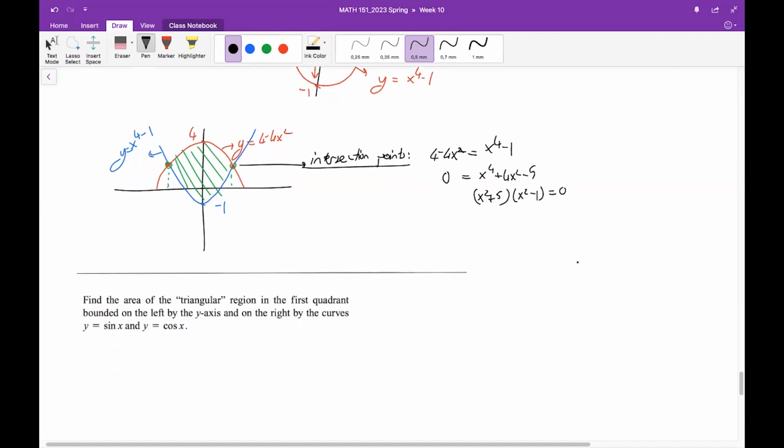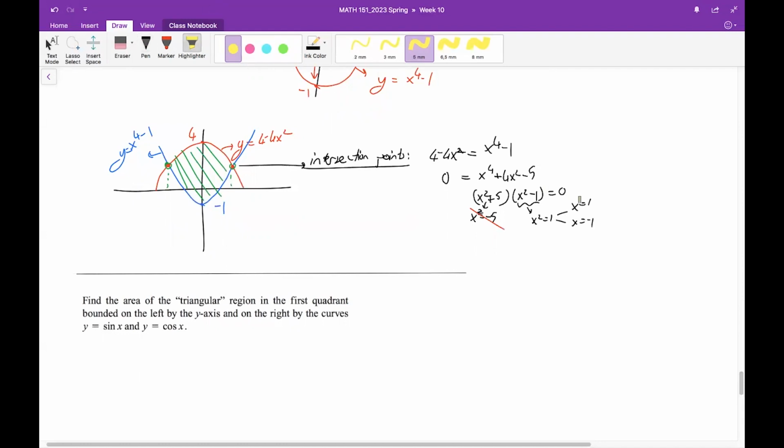It can be decomposed like that. Here, we solve x squared as minus 5, right? Which doesn't make sense. So the roots will come from this part. X squared is 1, so the roots are 1 and minus 1. So these are the x components then of the intersection points. So this point is minus 1. This point should be 1, okay?